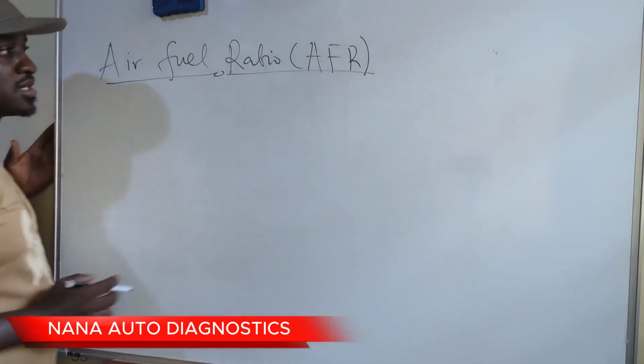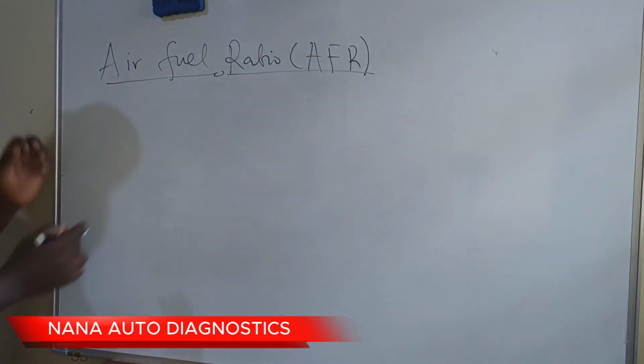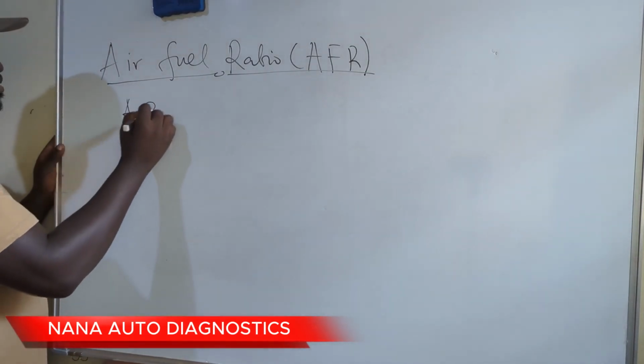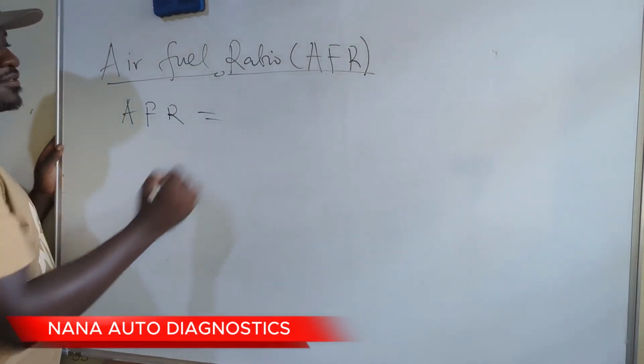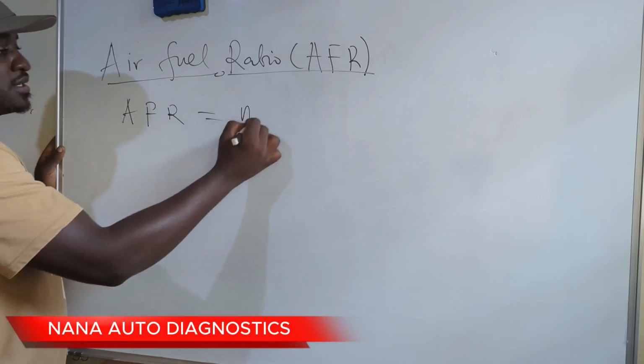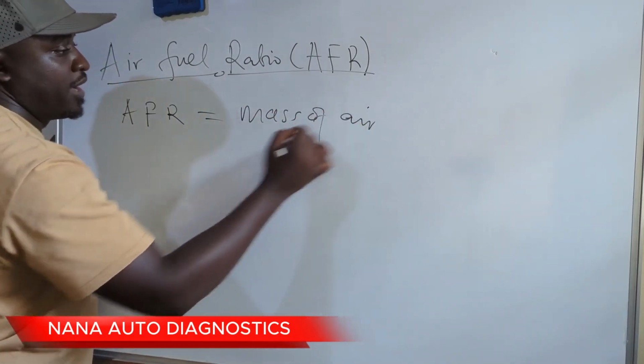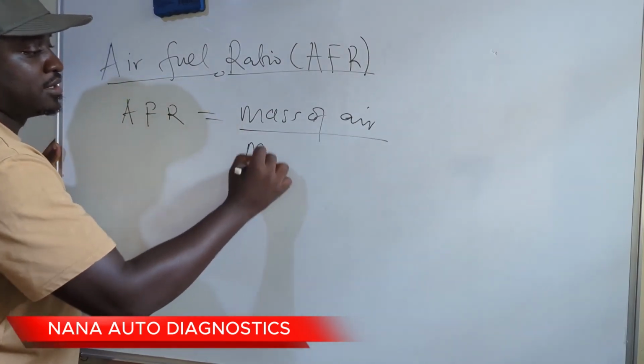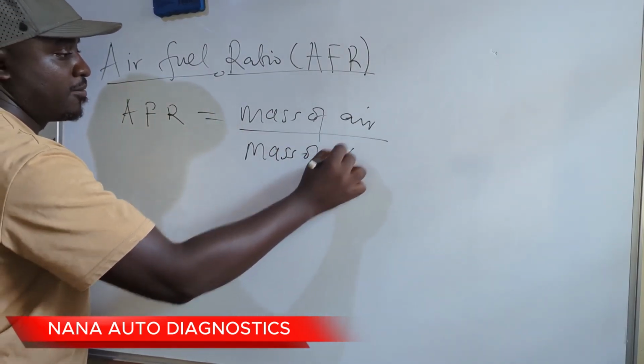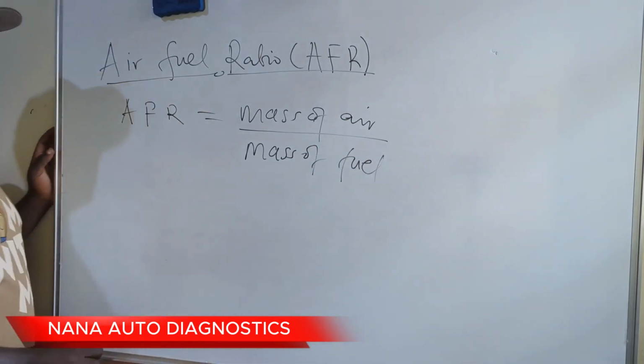So what is this ratio? Now, the air-fuel ratio is defined as the mass of air divided by the mass of fuel.